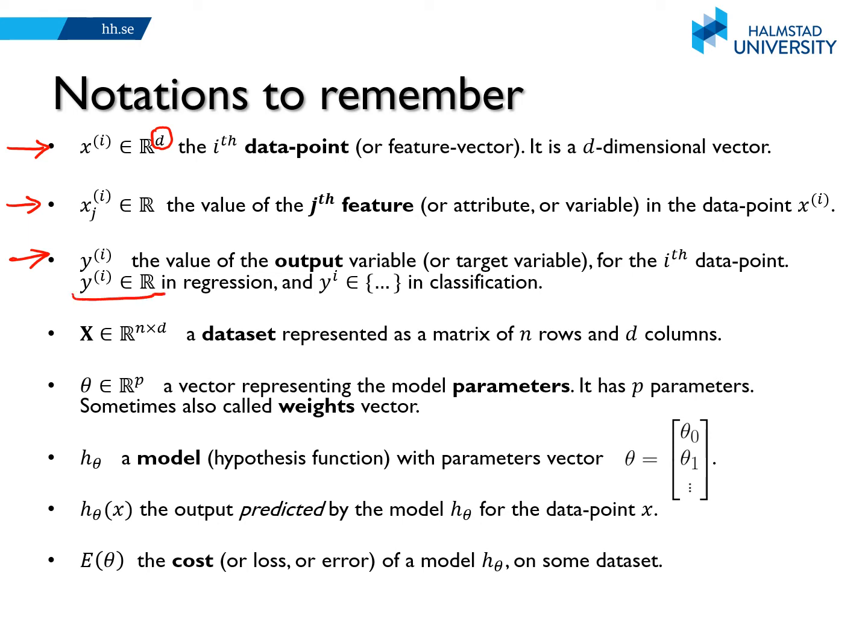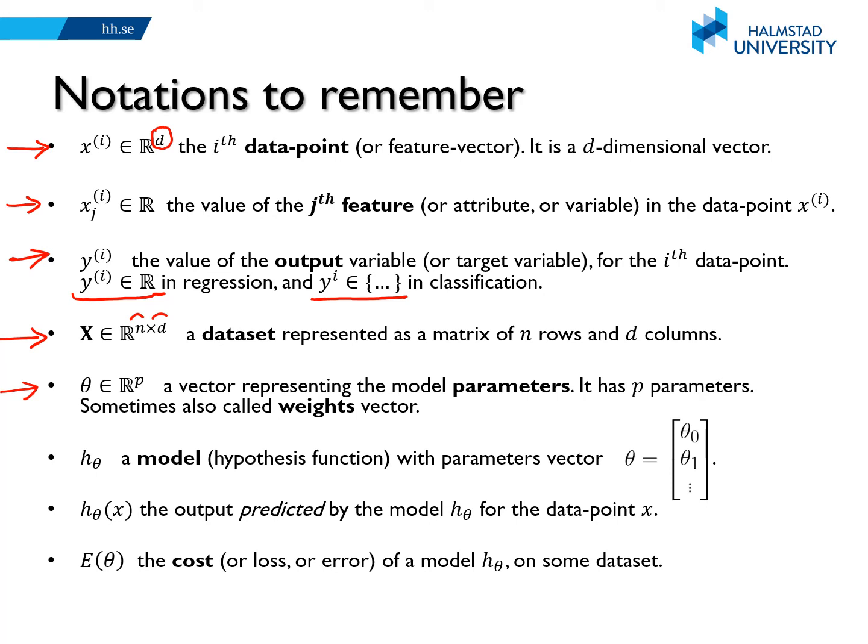It belongs to R in regression, and it belongs to a fixed set of classes in classification. Capital X is the input data represented as a matrix of n rows and d columns, where n is the number of data points in our training data and d is the number of features.